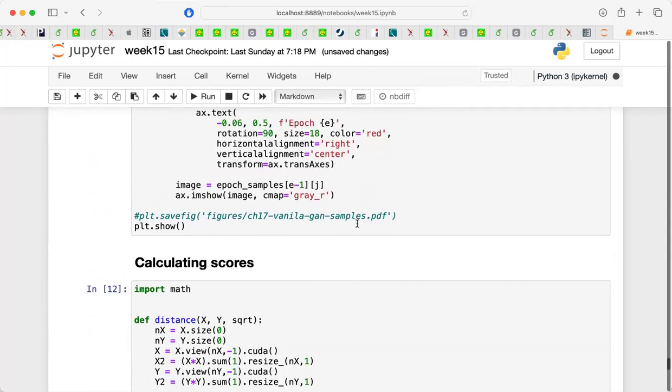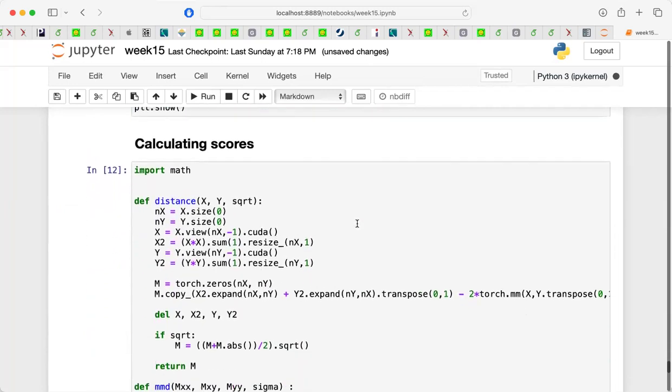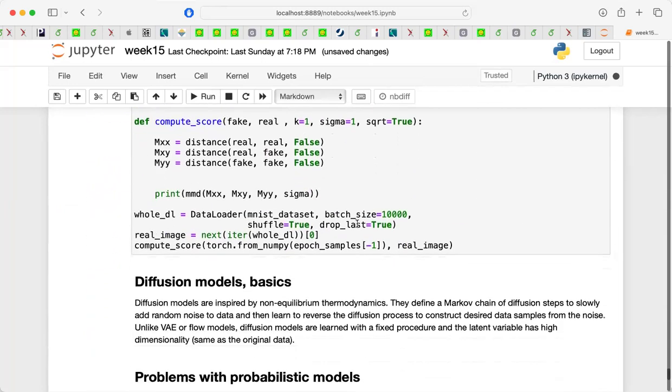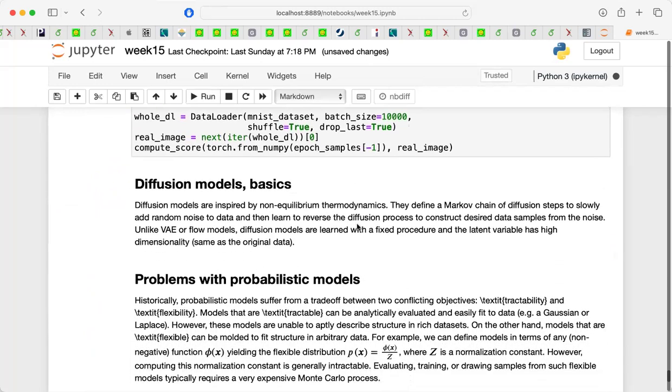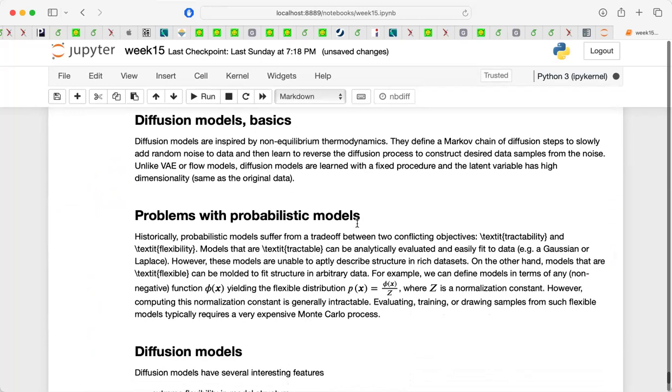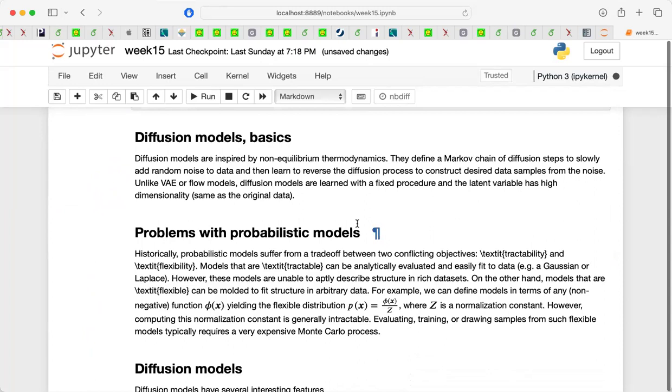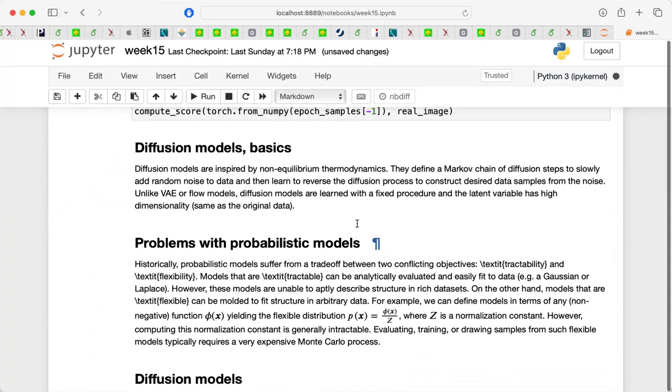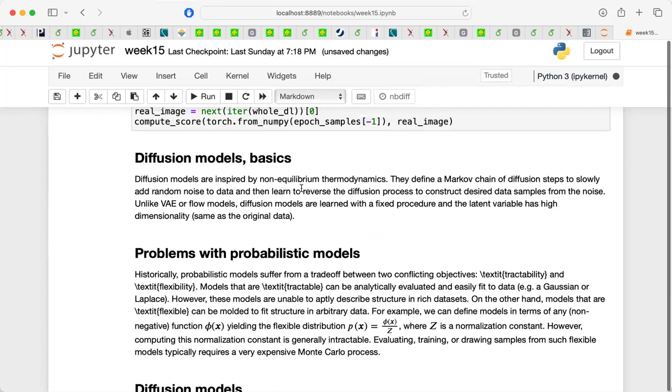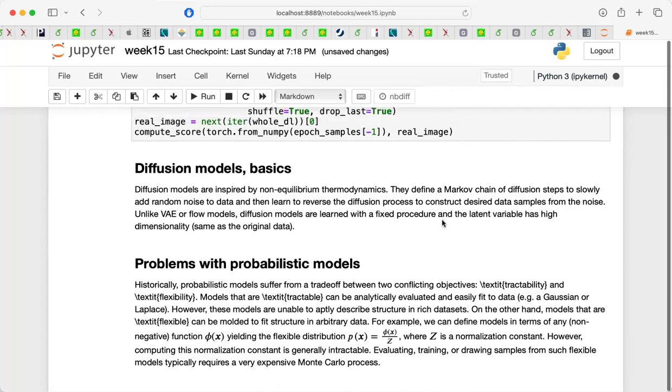But what I wanted to say while this is running and we are waiting for the final results is a little bit about the diffusion model basics, which will be the topic for the lecture next week. When we deal with diffusion models, they are actually inspired by non-equilibrium thermodynamics. And these models are extremely interesting.